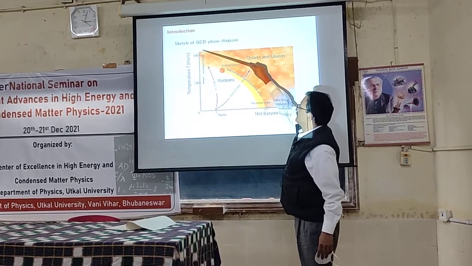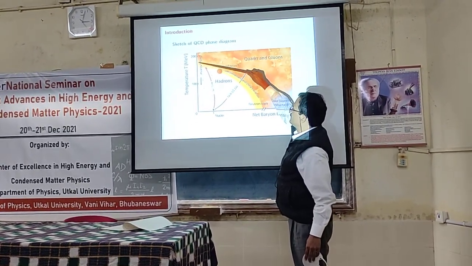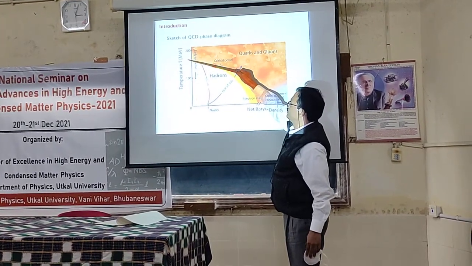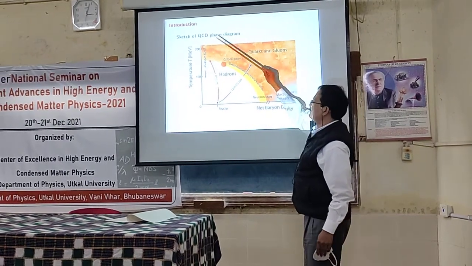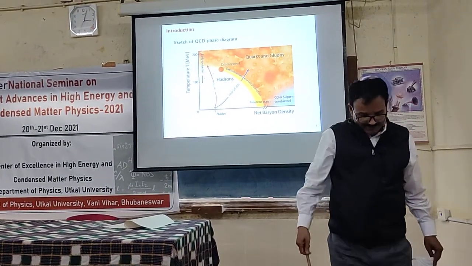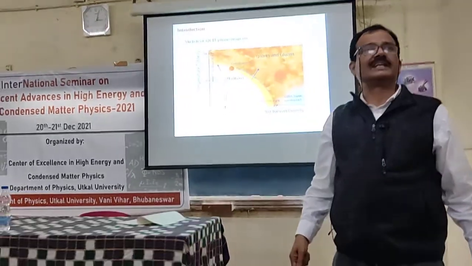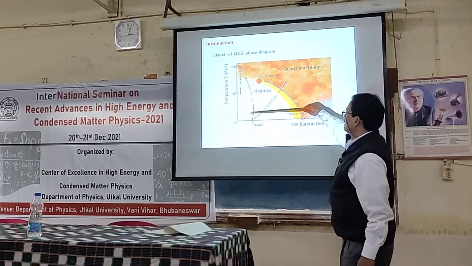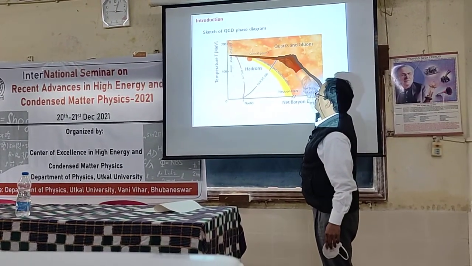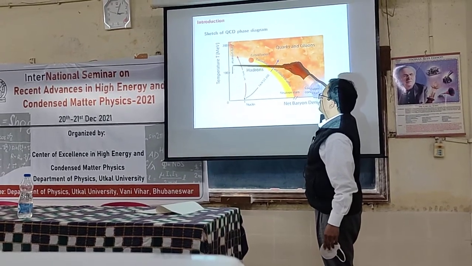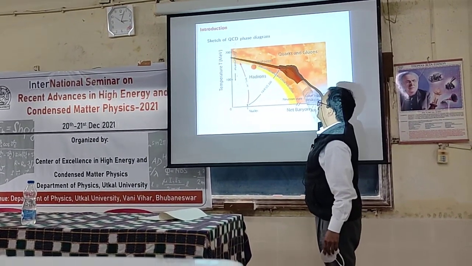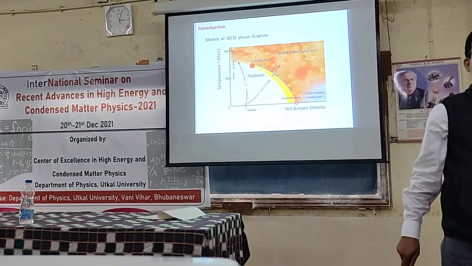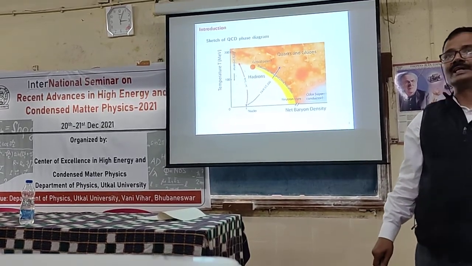If you go from here, very high temperature, and go along this axis, at temperatures of a few hundred MeV, where 1 MeV is 10 to the power 11 degrees Kelvin, the quark matter phase goes to the hadronic phase, or ground states of quarks come up, around temperatures of 160 MeV. That is what the theory says, and that is what is known also from experience.